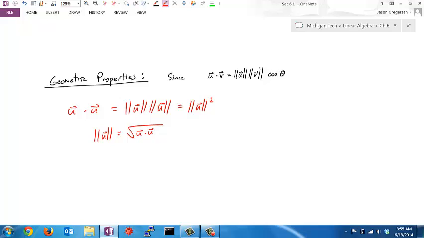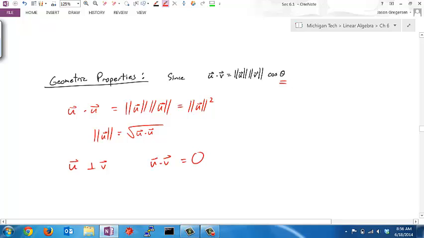That's the first geometric property. The other one would be, what happens if u is perpendicular to v? If u is perpendicular to v, and I take u dot v, what's theta then? 90 degrees. And what's the cosine of 90 degrees? 0. All right, so in this case, that dot product equals 0.